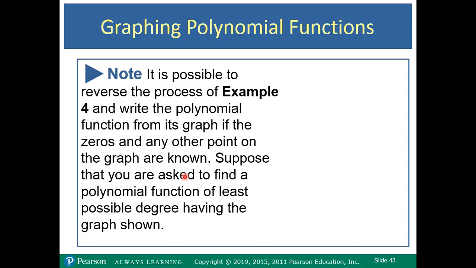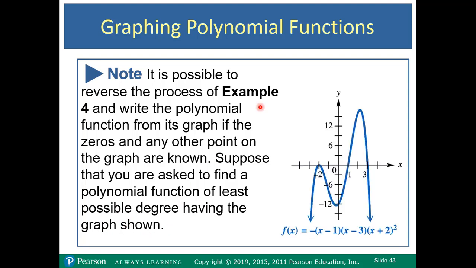So suppose that you are asked to find a polynomial function of least possible degree having the graph shown. So here's the graph. Let's say all we have is the graph. Well, let's use this graph to find out what we know.